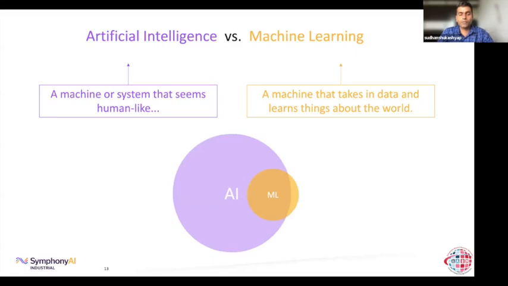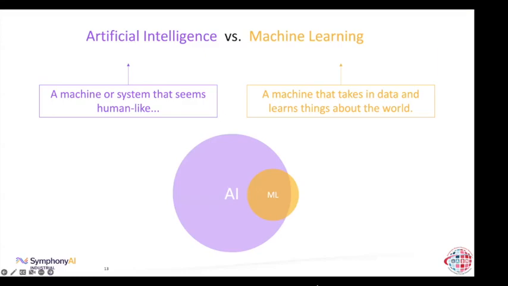So AI is a very generic terminology, and machine learning, ML, is a part of it. So basically, it's facilitating AI. And again, you could have a machine learning which is not learning about the world, or does something else. So you have something out here also.